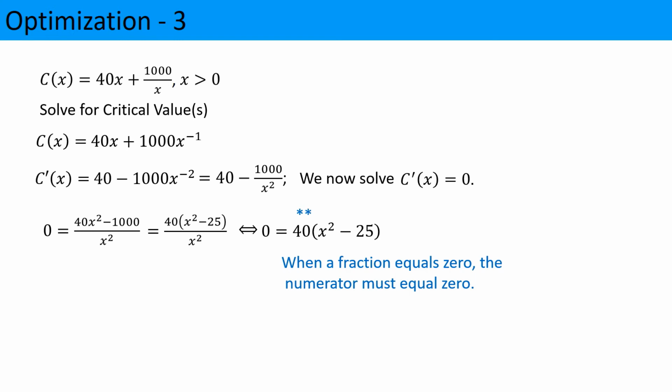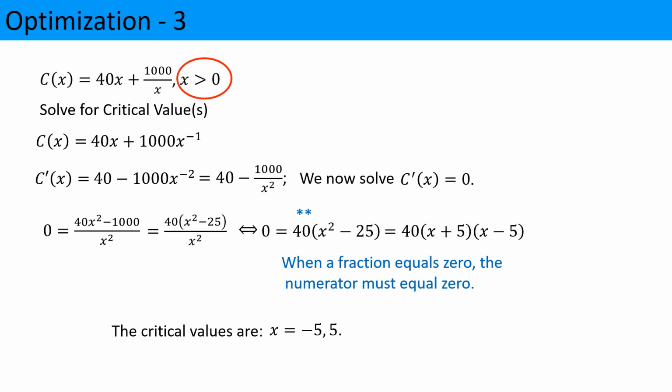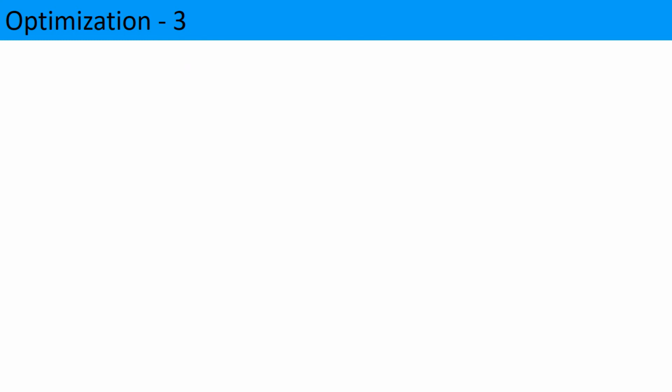We'll factor the difference of squares, x squared minus 25, and now we can write that as 40 times x plus 5 times x minus 5. Let's set those factors equal to 0, and we get that the critical values are x equals negative 5 and positive 5. However, the domain of C is strictly greater than 0, so negative 5 is not a critical value. We'll use the second derivative test to determine extrema.